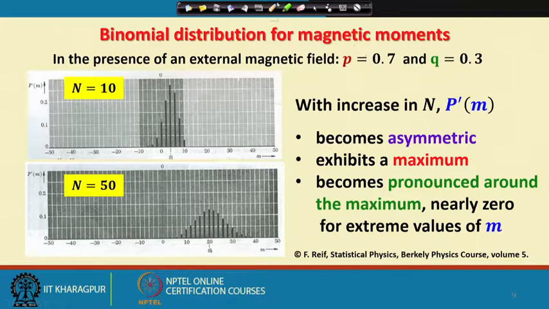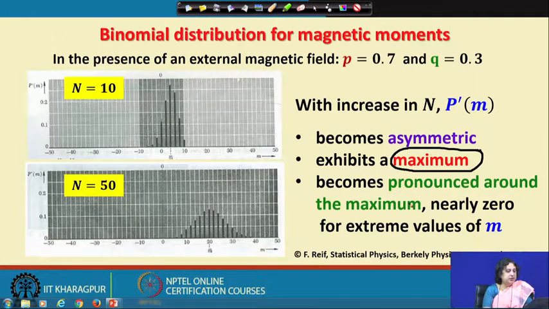The distribution still exhibits a maximum, and as I go on increasing n, what I find is that the non-zero population is pronounced only around the maximum. If I think about the extreme values like plus 50 or minus 50, the probability of observing those values of m is nearly equal to 0.